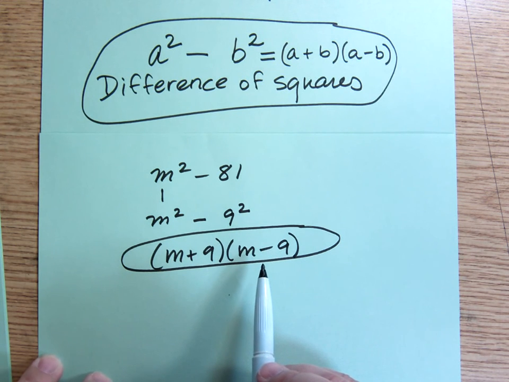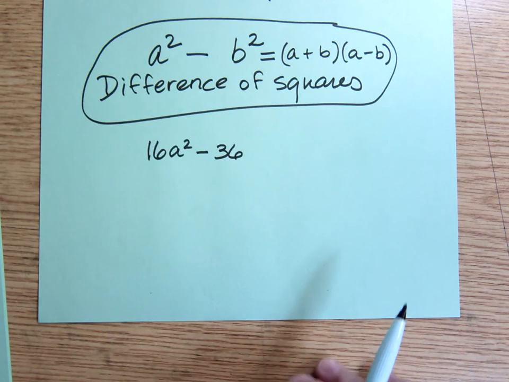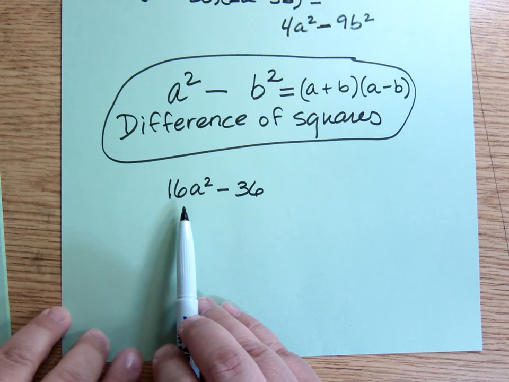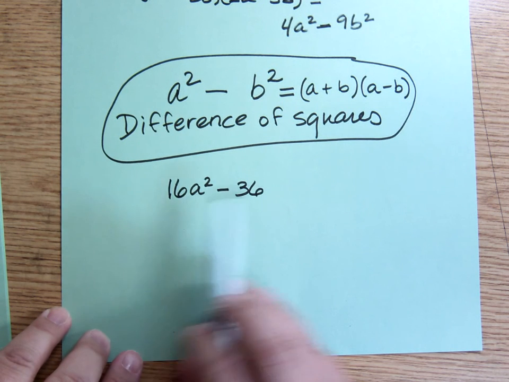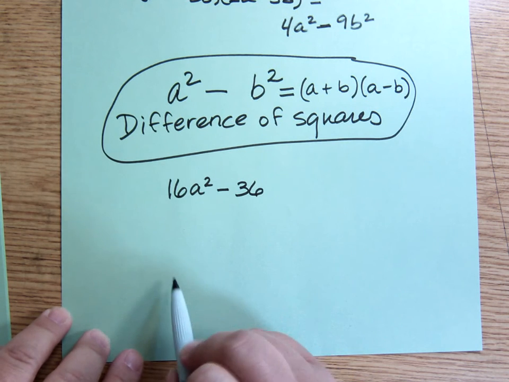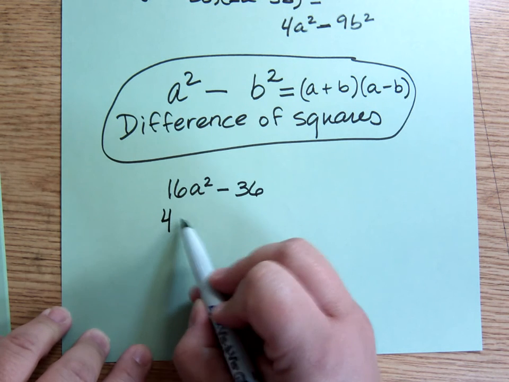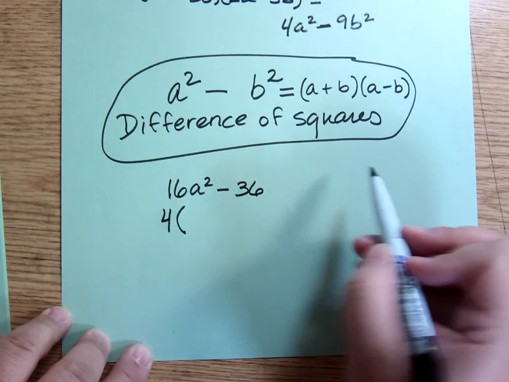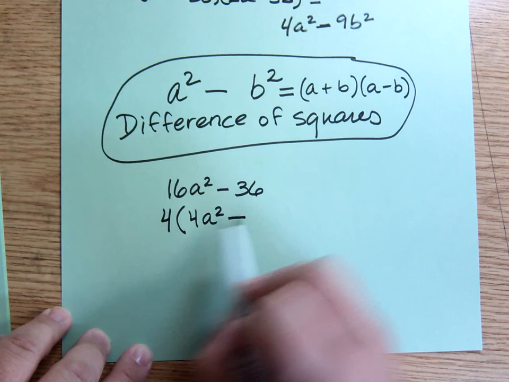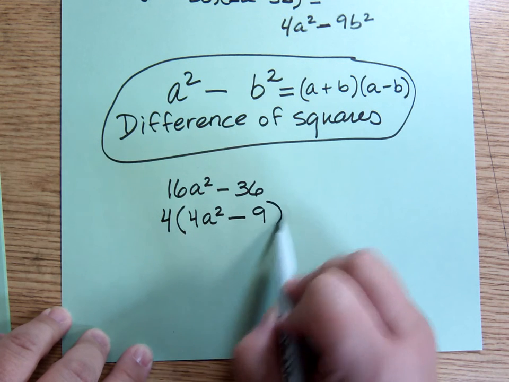One thing to notice is, I had a thought. I'll come back to it. Let's look at this one. The reason this is a special case is because these two things have a common factor. They're both divisible by 4. So I would take out my 4 first, and sometimes this will happen. Take out a GCF. This is 4 times 4a squared, and this one is 4 times negative 9.